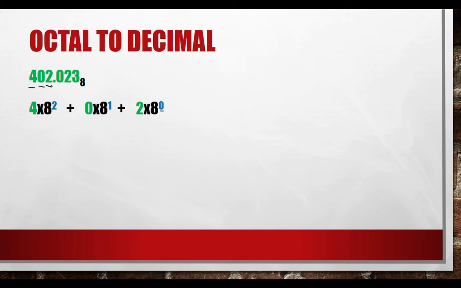After completing the whole number part, we will now proceed to the fractional part. We will multiply 0, because 0 here is the first digit, by the base number raised to negative 1, plus 2 times 8 raised to negative 2, plus 3 times 8 raised to negative 3.